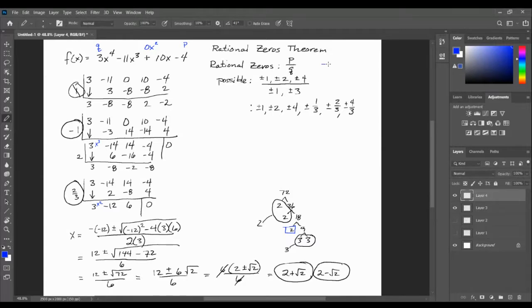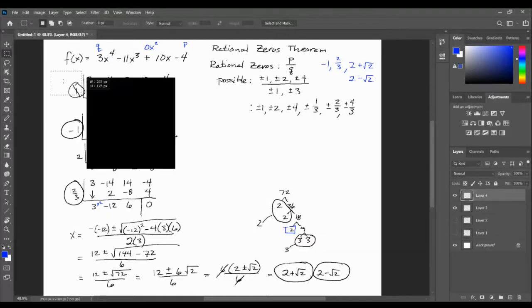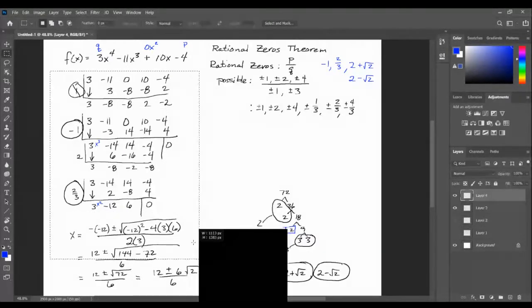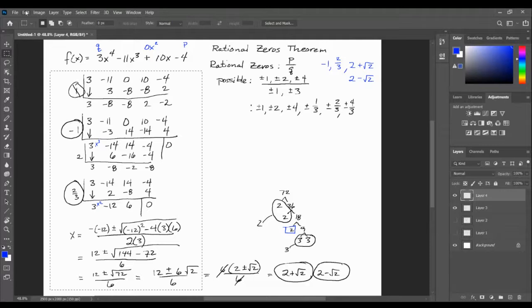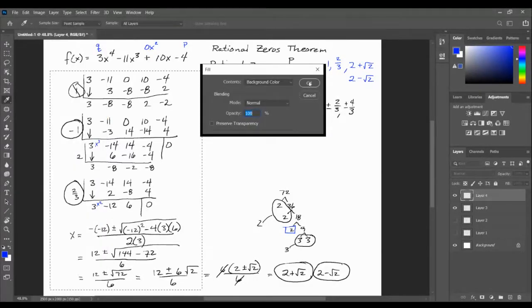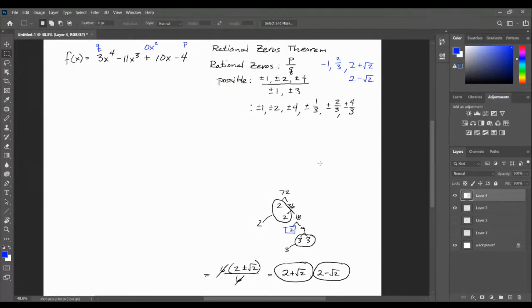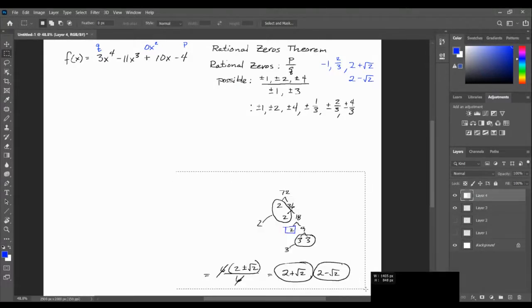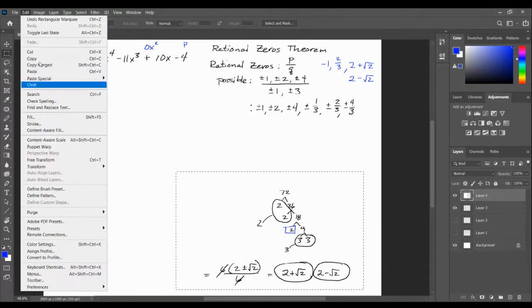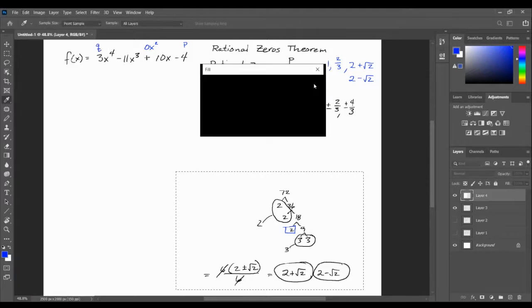So I'm going to write, we had -1, we had 2/3, we had 2 plus root 2, and we had 2 minus root 2 as our zeros. So now I want to clear up some space here. Those are still there, so I can get back to this work if we need to. I'm on a different layer, so we can do this.